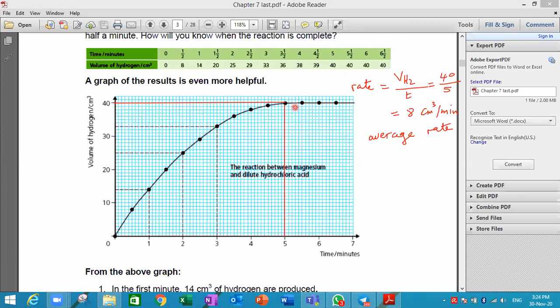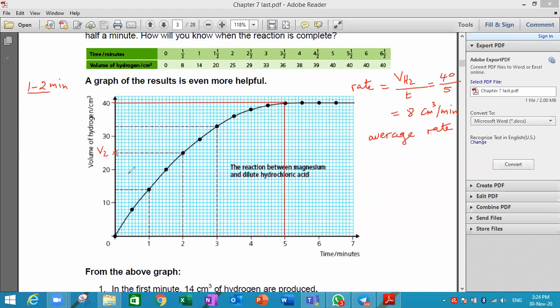Okay, now this means that the rate decreases with time. So what if we want to measure the rate between minutes 1 and 2, for example? Then I'm going to take this volume.